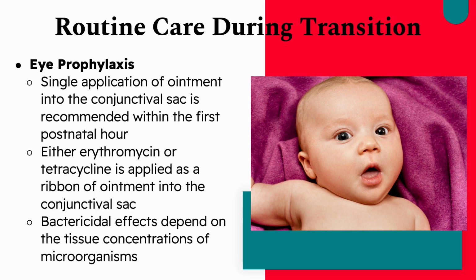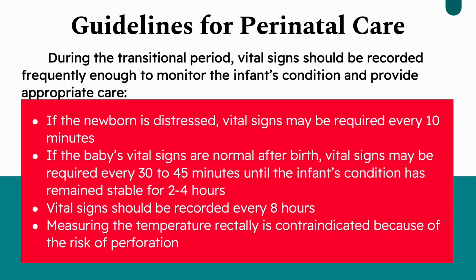Lastly, let's review the guidelines for perinatal care. During the transitional period, vital signs should be recorded frequently enough to monitor the infant's condition and provide appropriate care. If the newborn is distressed, vital signs may be required every 10 minutes.